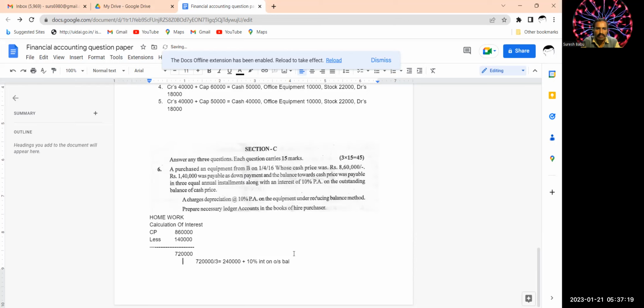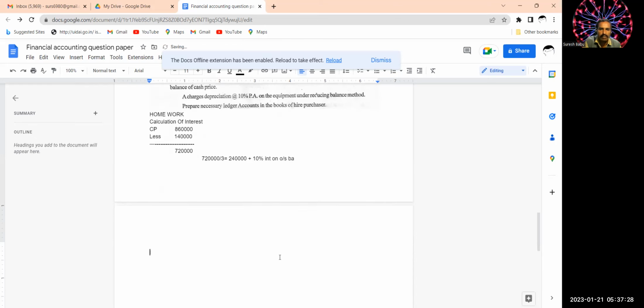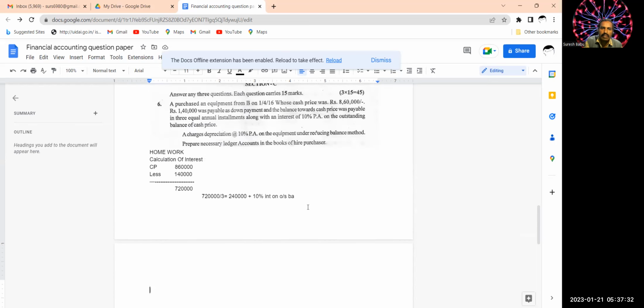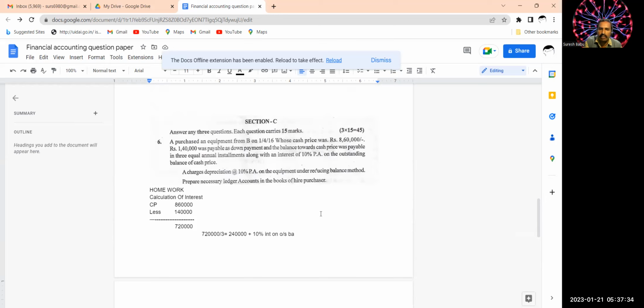So this you have understood. Now I will write here, not vertically, horizontally I will show. You have to calculate vertically. Now understood? Half of the sum I have explained. This is the exclusive of interest method.